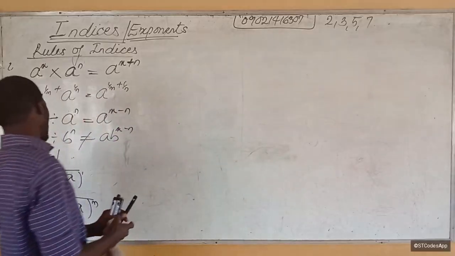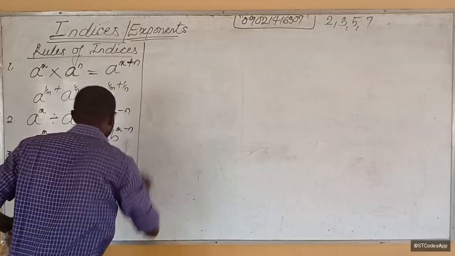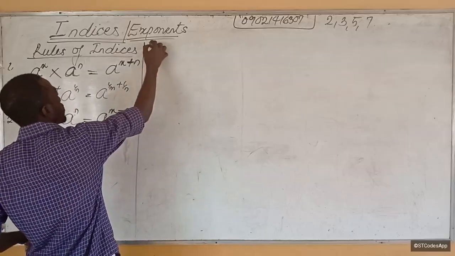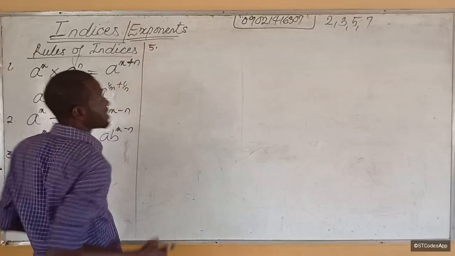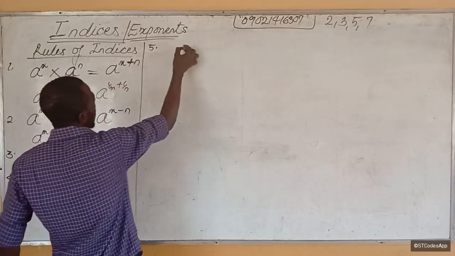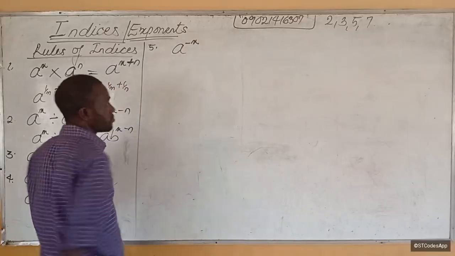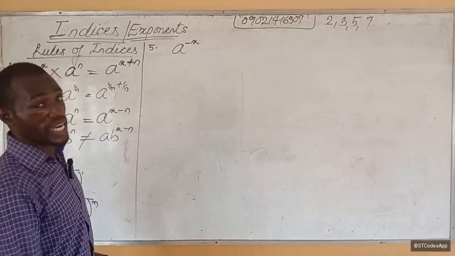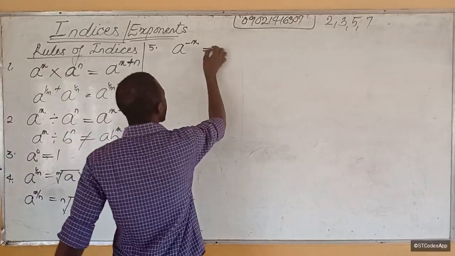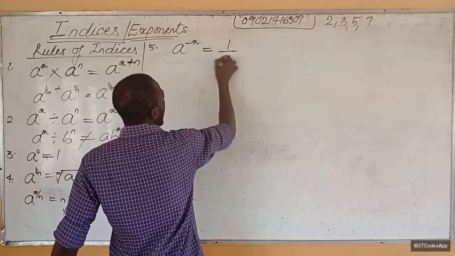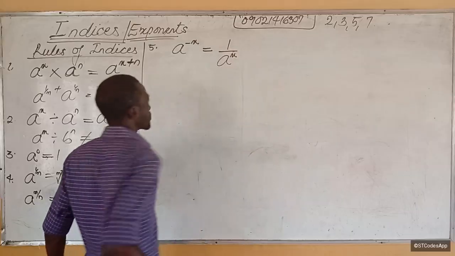Fractional power rule. All right. The next rule we should look at is the negative power rule, number 5. The negative power rule says that if I have a raised to the power of minus m, it is the same as 1 over a raised to the power m.